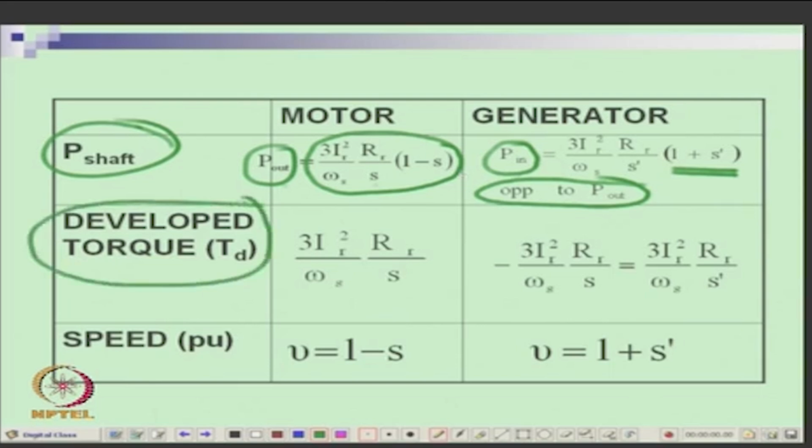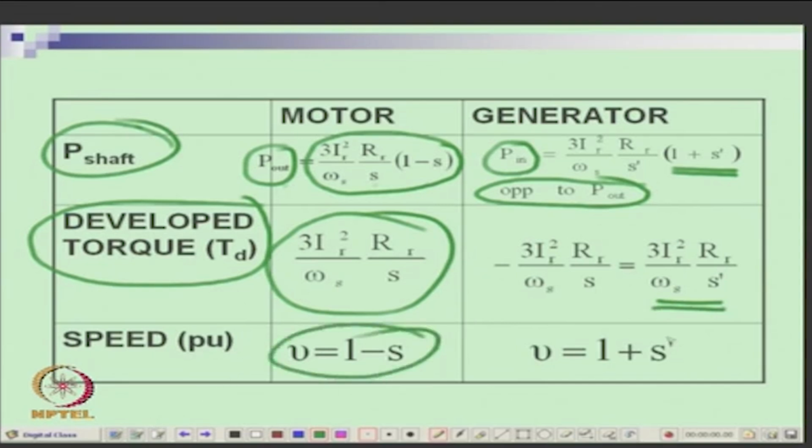Developed torque TD is 3 times IR square by omega S RR by S, this will be the torque developed in a motor, and the torque developed in a generator will be minus 3 times IR square RR by S into omega S, which will be 3 times IR square RR by S dash into omega S. You know S dash is minus S, okay, and speed is 1 minus S here and here is 1 plus S dash, right, S dash is negative slip, okay.